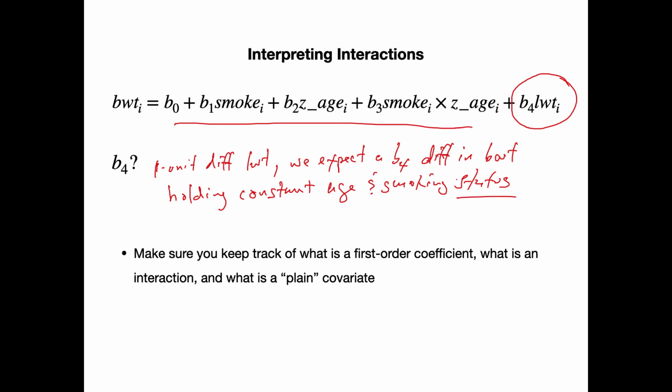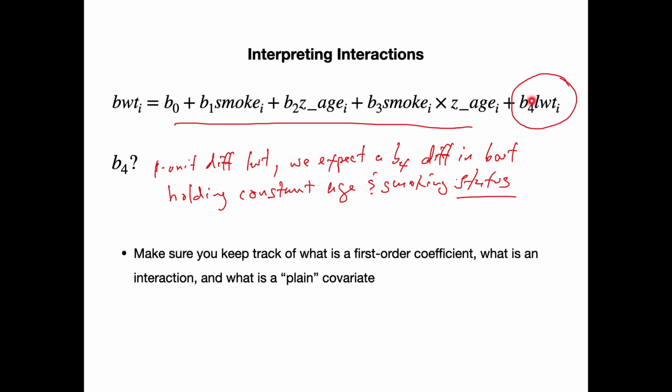The key thing I want to tell you is that adding an interaction to the model changes the interpretation of the coefficients, but that really only matters for coefficients whose variables are in the interaction. The smoke by age interaction affects these two terms.